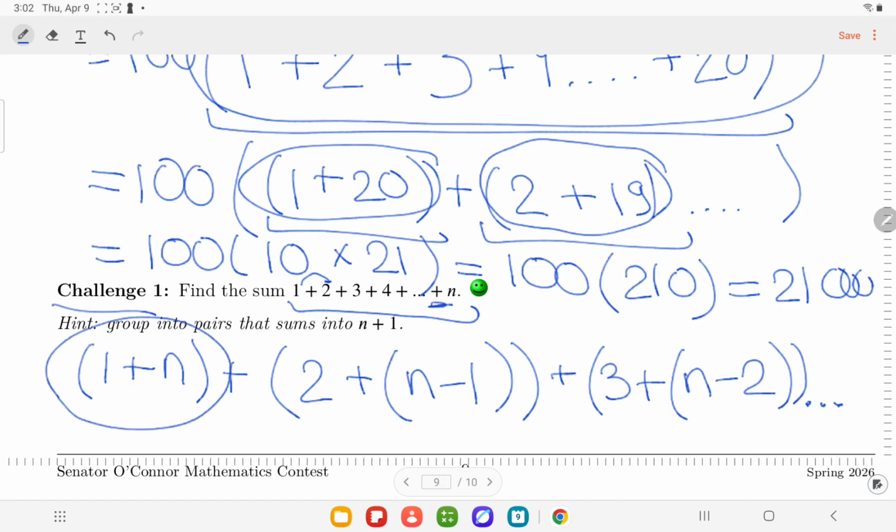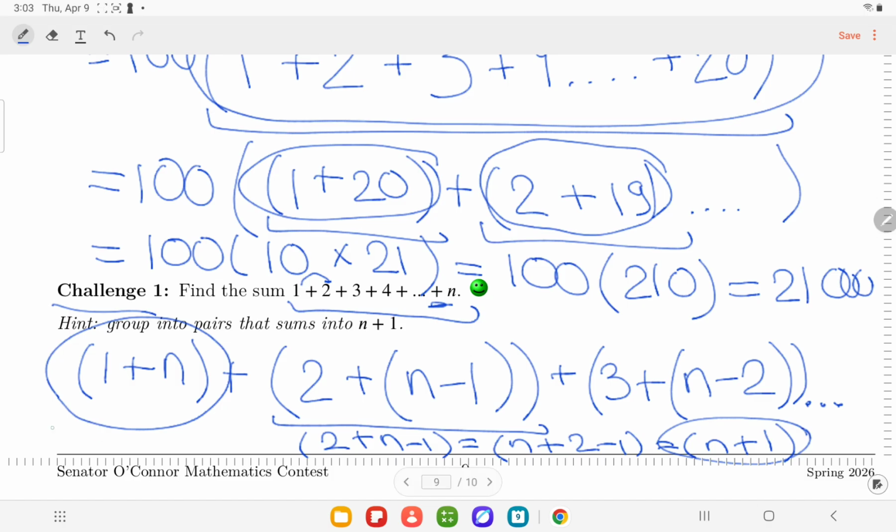Because they're all the same. Here you can even simplify this bracket. This would be 2 plus n minus 1. And this can be simplified to n plus 2 minus 1, which is n plus 1, which is equal to this first bracket here.